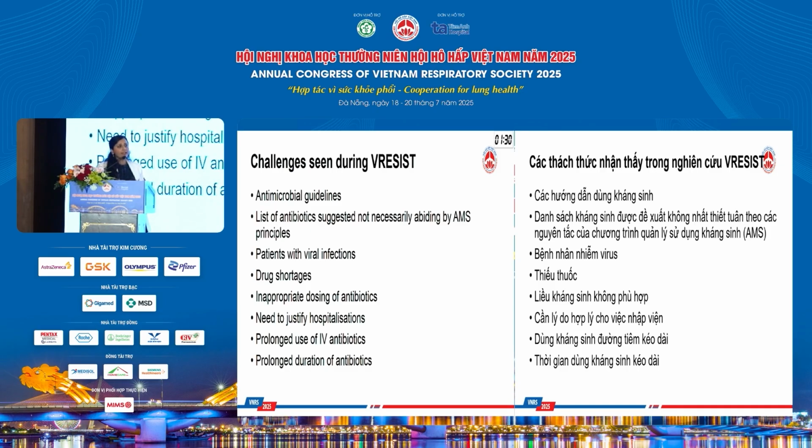For one, the antimicrobial guidelines that we use are the National Ministry of Health guidelines, which, as you know, were updated in 2015. But since then, there are various versions of particular infections in different forms, and they're found everywhere online, and it's very hard to have one standardized place that is used by everyone.